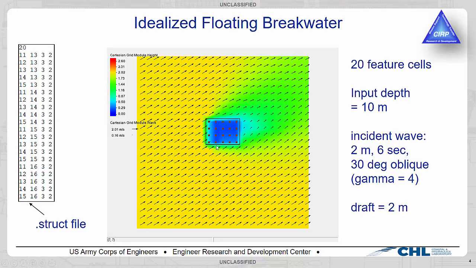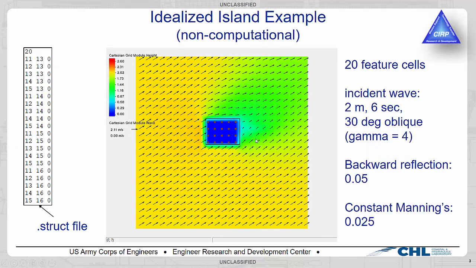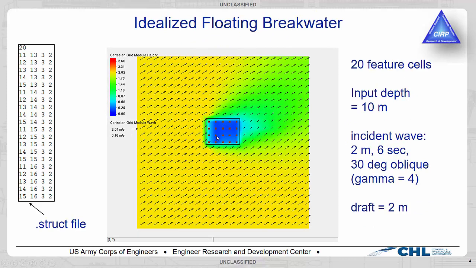In relation to the last example, you do see some wave energy affecting these structure cells, not a lot, but there is some, and you see a change accordingly around the grid as those waves progress.